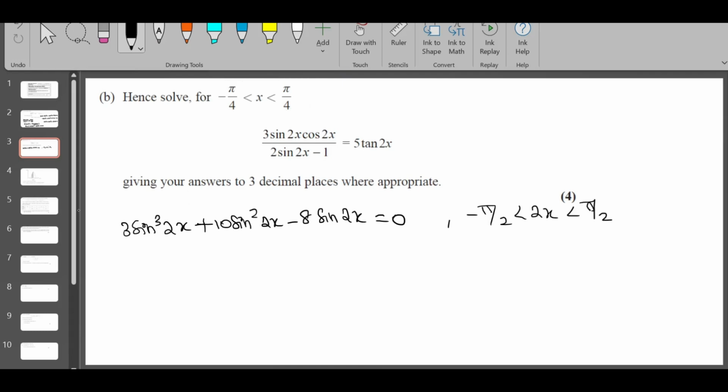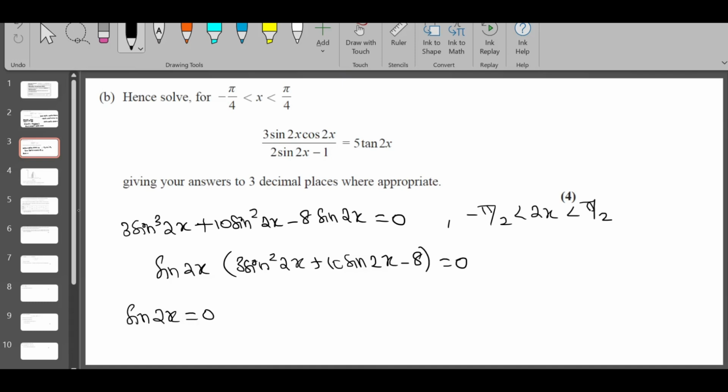Now solve this. Take sine 2x as a common factor. You will get 3 sine squared 2x plus 10 sine 2x minus 8 is 0. Equate them to 0 separately: sine 2x is 0, and 3 sine squared 2x plus 10 sine 2x minus 8 is 0.